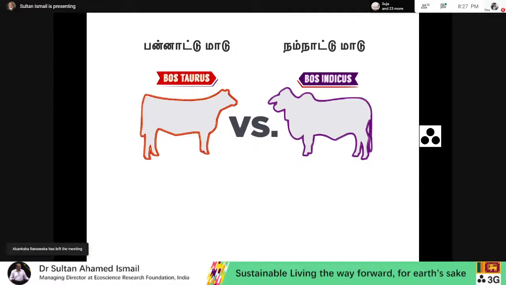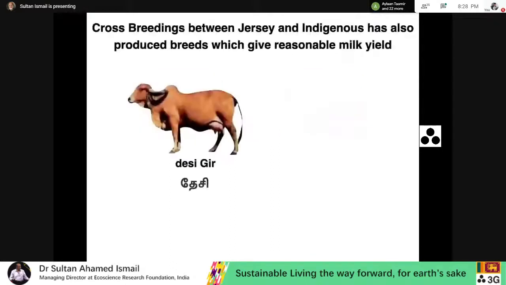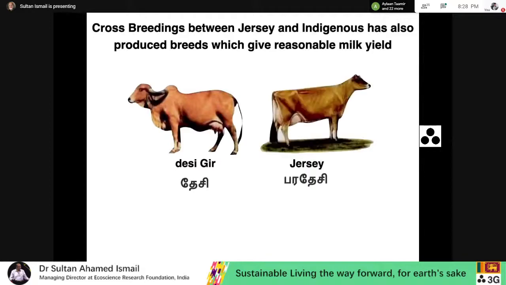If you look at the traditional cattle of Asia, it will have a hump. The Western cattle has no hump. The generic name is Bos indicus for the Asian cattle. Bos taurus, Taurus you all know, the zodiac sign, is the Western cattle. So if I look at this as a Desi, then this becomes a Pardesi.